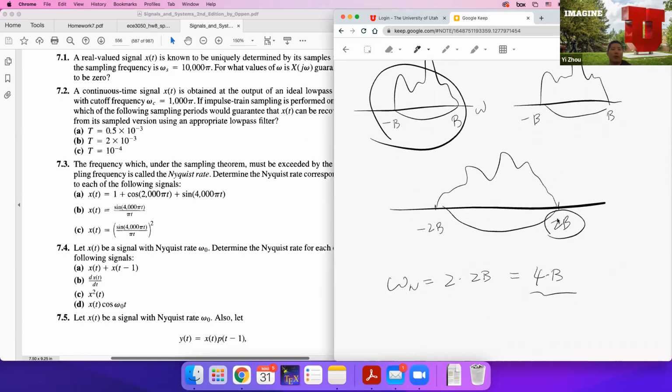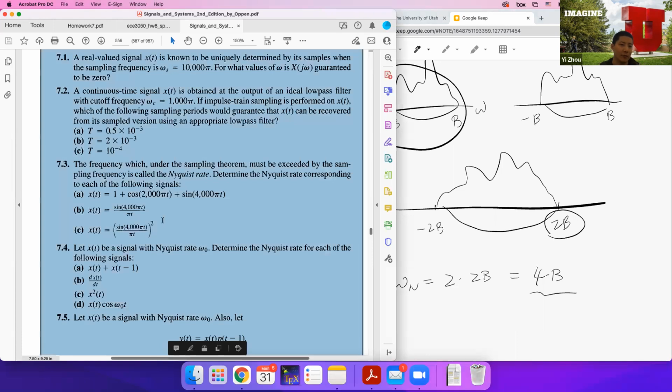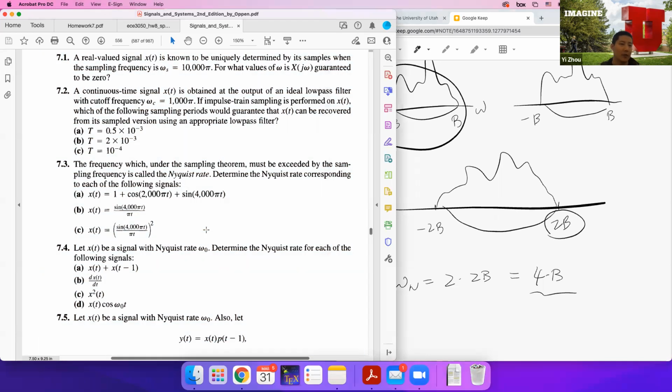Yeah. And you can also consider raising it to a higher power. For example, if you raise it to power 3, then that is like further multiplying this signal by another sync signal. And then you can apply one more step of the multiplication property of the Fourier transform.